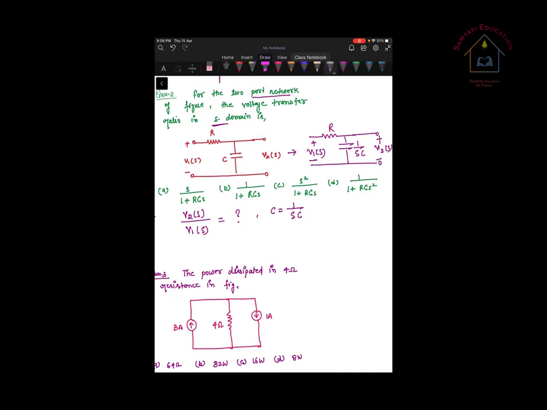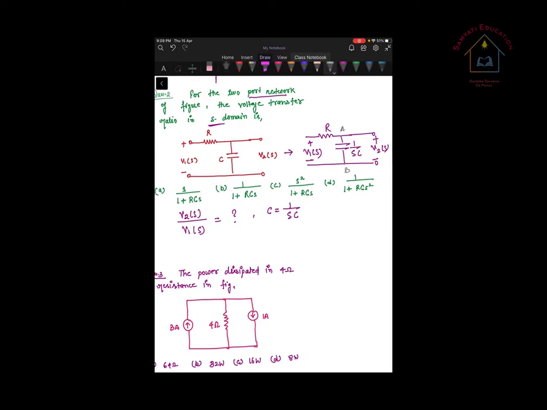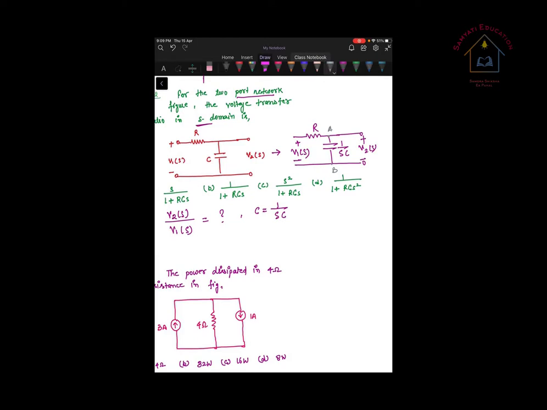If I apply the voltage division rule across terminals A and B, it will be V2(S), the output voltage, equal to 1 by SC into V1, the input voltage, divided by 1 by SC plus R.